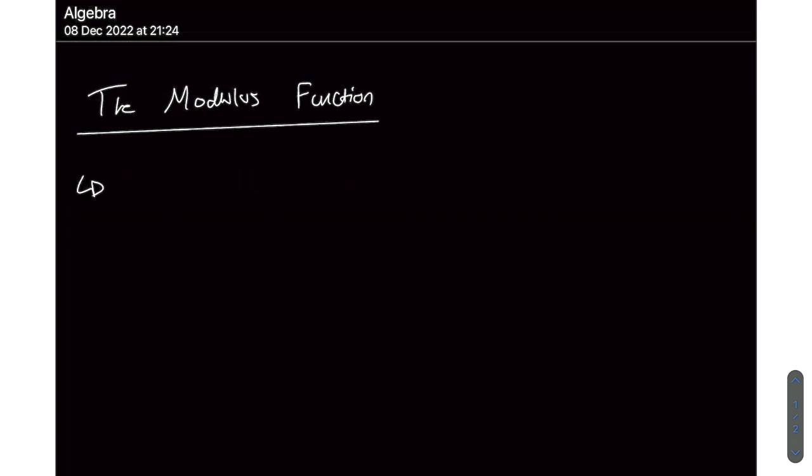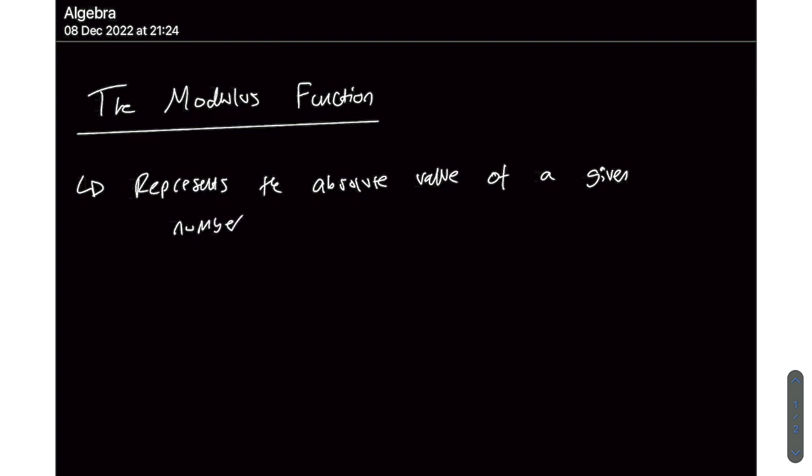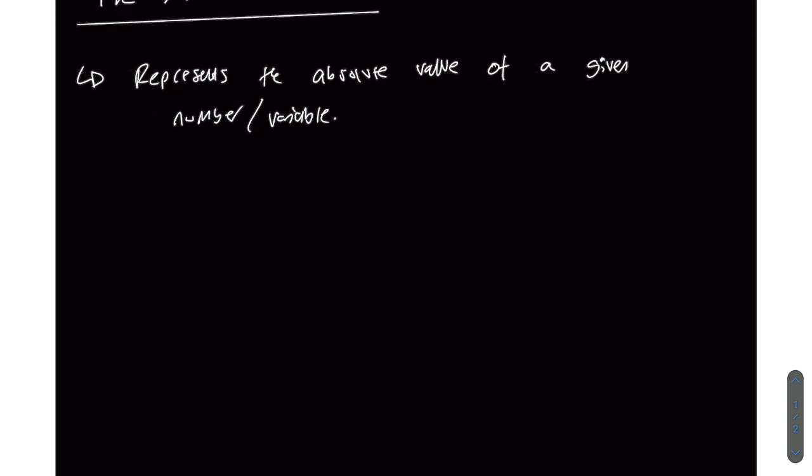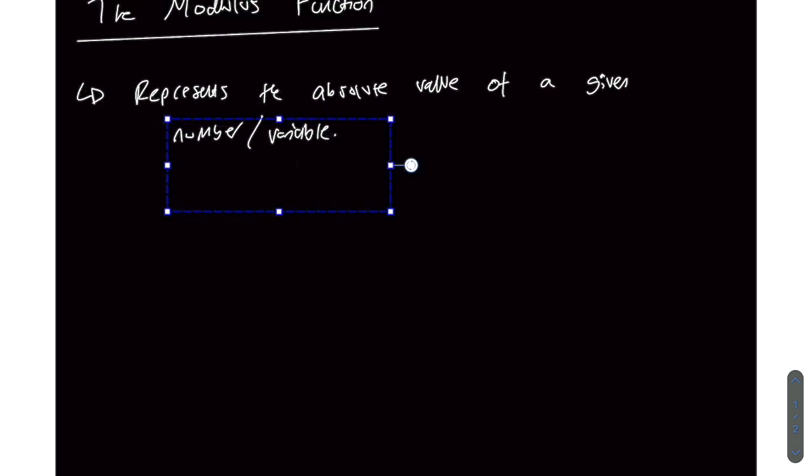Well, the best way to think about the modulus function is that it represents the absolute value of a given number slash variable. So really, absolute value of a given value. Let's put number slash variable to try to be specific here.